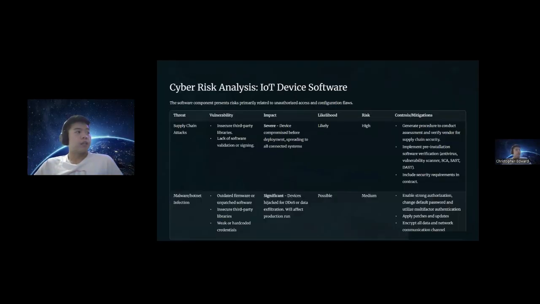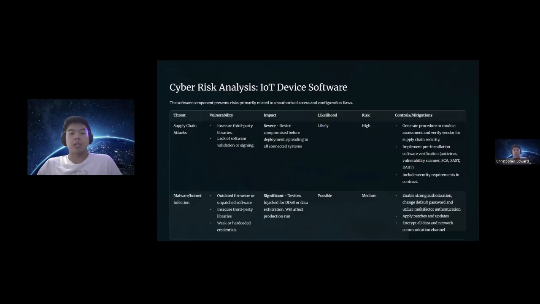The first cyber risk analysis that we're going to do is IoT device software. The software layer is often the first target for cyber threats because it manages communication and configuration. I have identified two main risks associated with IoT device software.